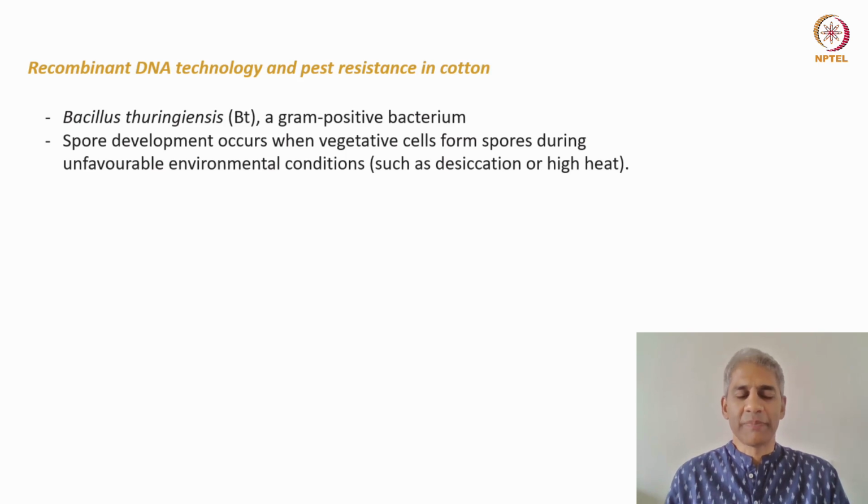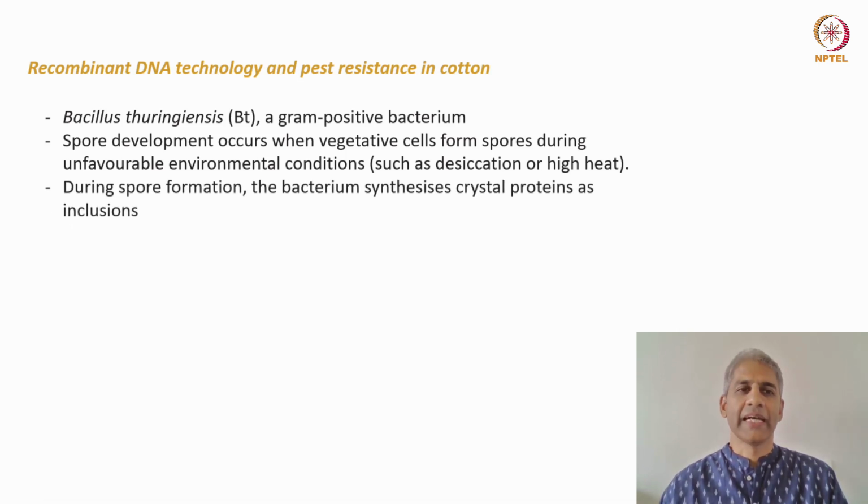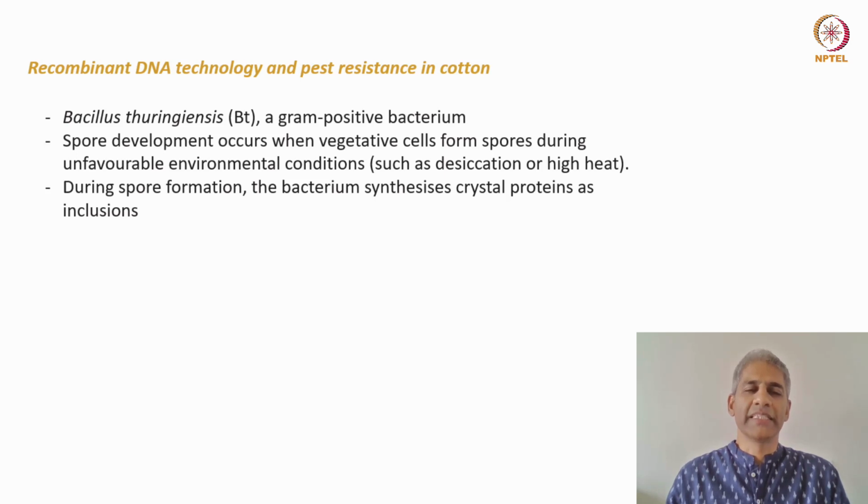And like many other species of bacteria, it undergoes a spore development phase when conditions are particularly unfavorable. And when it forms these spores, this bacterium also synthesizes these crystal proteins, which are part of the cell body.